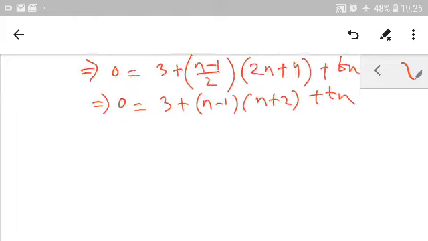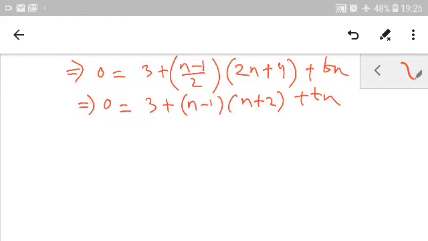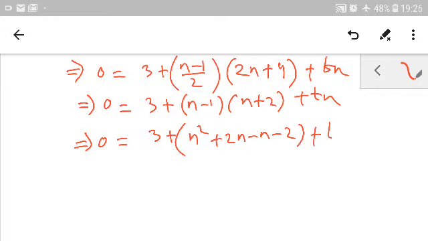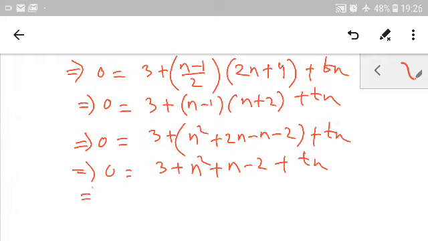Clear? Now if I do it in this way, I get 0 equals 3 plus n square plus 2n minus n minus 2 plus Tn. So I get 0 equals 3 plus n square plus n minus 2 plus Tn. So here 0 equals n square plus n plus 1 plus Tn.